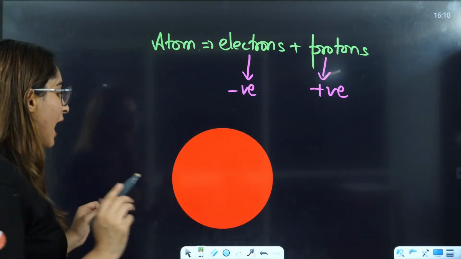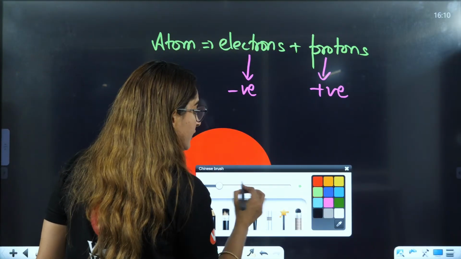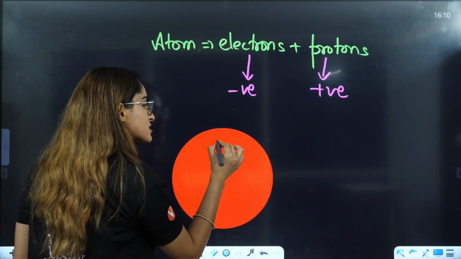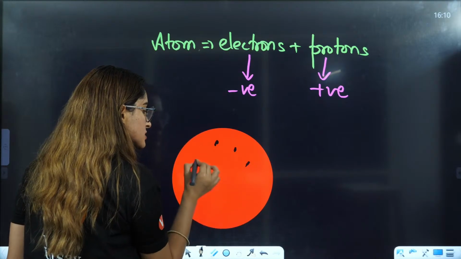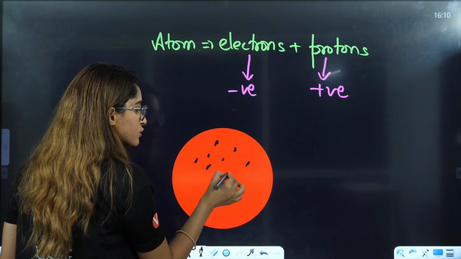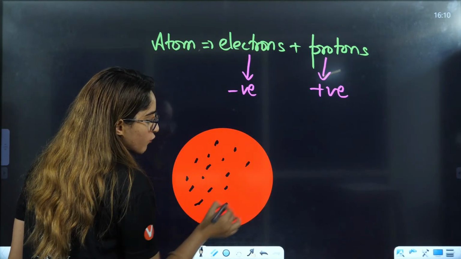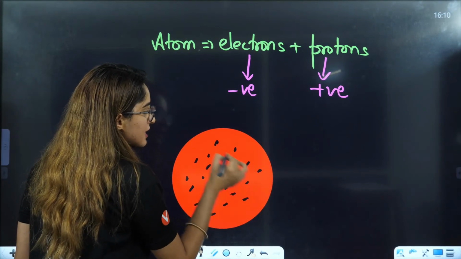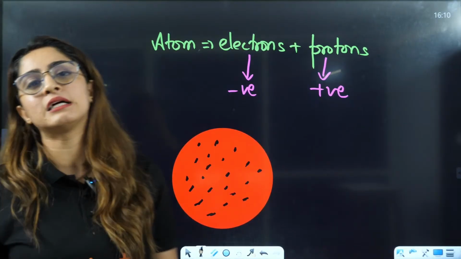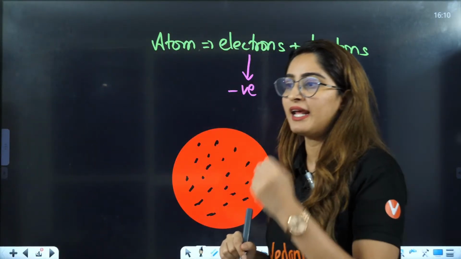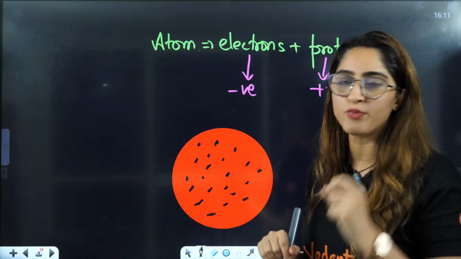And electrons are embedded in it, like you have seeds in the watermelon. These are the electrons embedded in the positive sphere of protons.